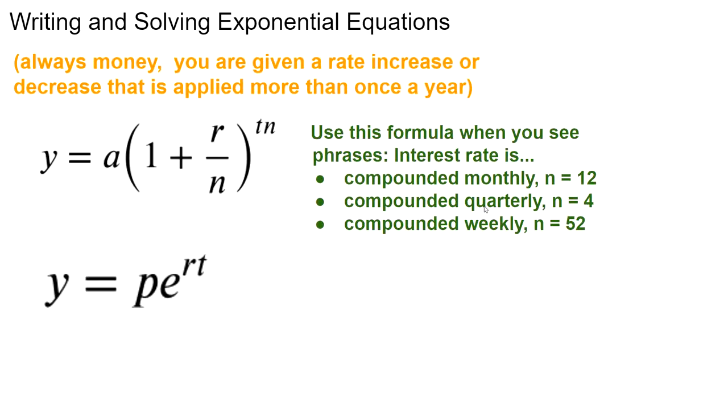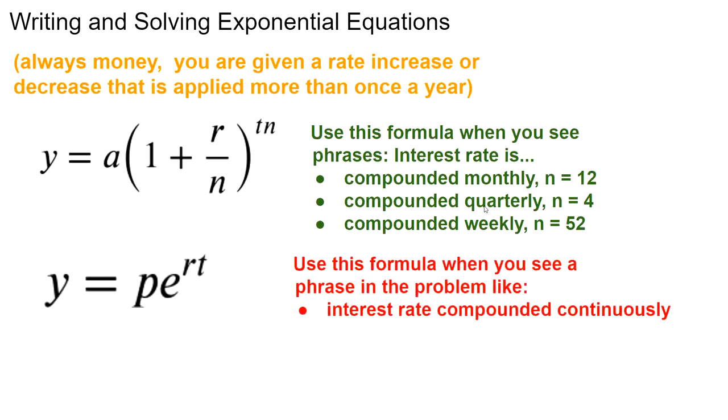And so that n in the formula, that's going to be the number of times in the year that we compounded. If it's monthly, that's going to be 12 months in a year. It's going to be a 12. If it's quarterly, where there's four quarters in a year, then that n is going to be a 4. We're going to divide the rate by how many times we compounded in a year. And then we're going to multiply the years in the exponent by that same thing.